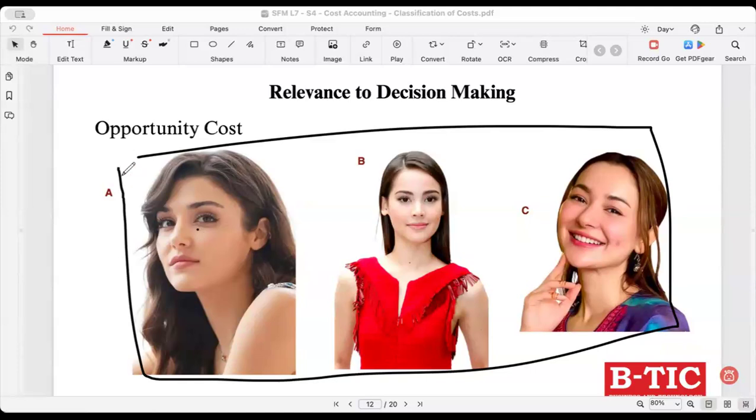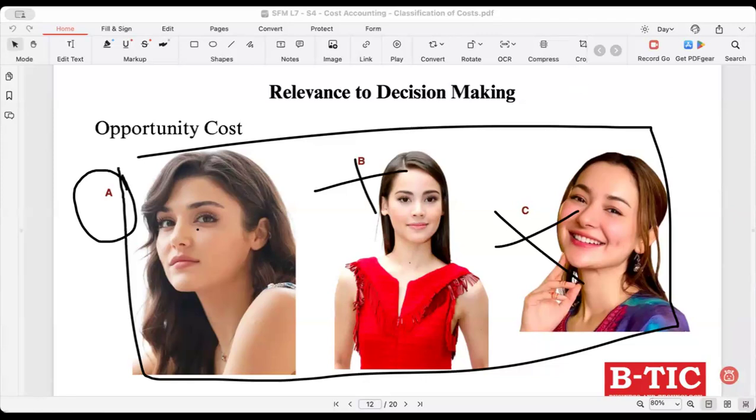So when you choose A, you need to let go of B and C. Right? Now, this is opportunity cost. The cost of foregoing the next best alternative when making a decision is known as opportunity cost.